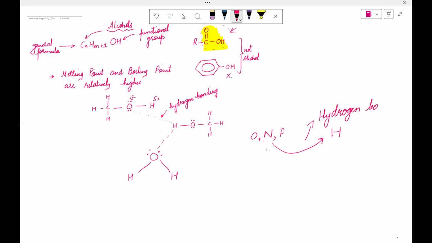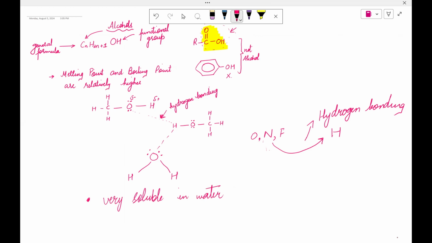And we know that this oxygen and this hydrogen develop a hydrogen bond. That is why alcohols have higher melting and boiling points. You can see that this hydrogen bond also develops between a water molecule and ethanol. Because of that, alcohols are very soluble in water.